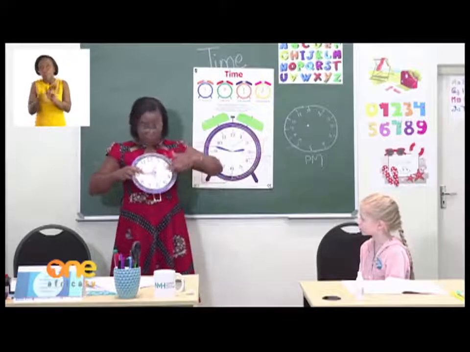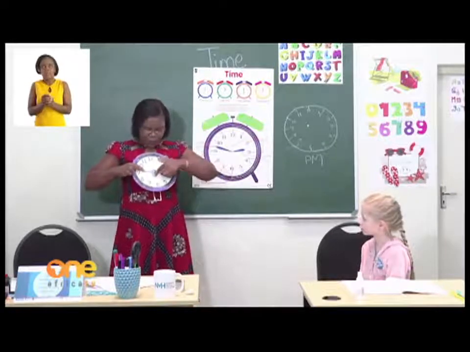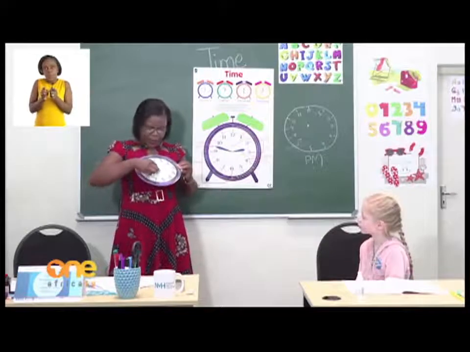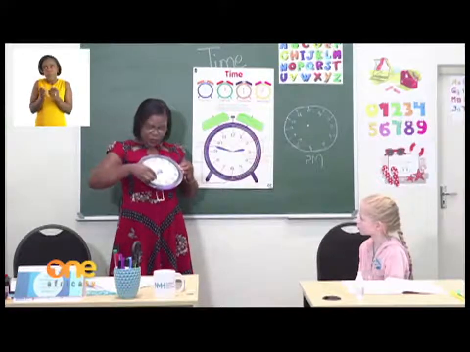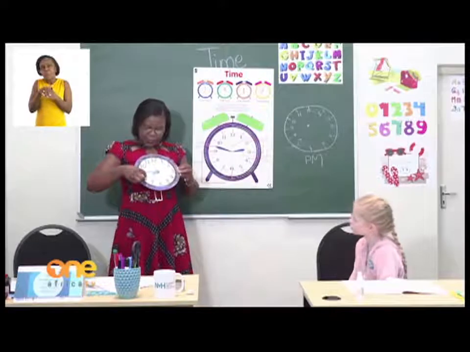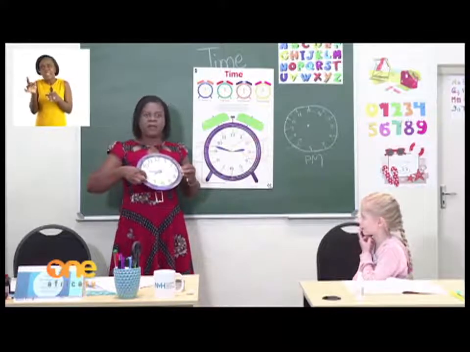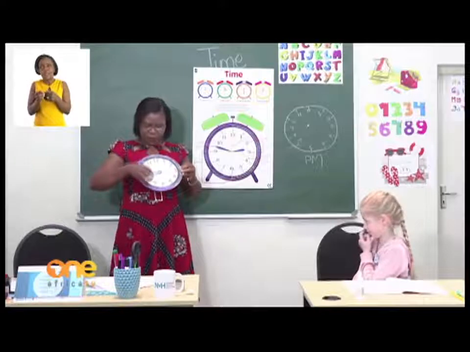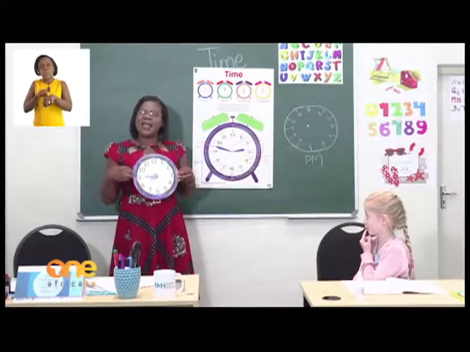Remember, we cut the circle this way. Okay, the long hand is on the 9, and the short hand is not on the 7, and is not yet on the 8. But it's almost getting to the 8. It's somewhere there. But the long one is at 9. What do you think that time will be?